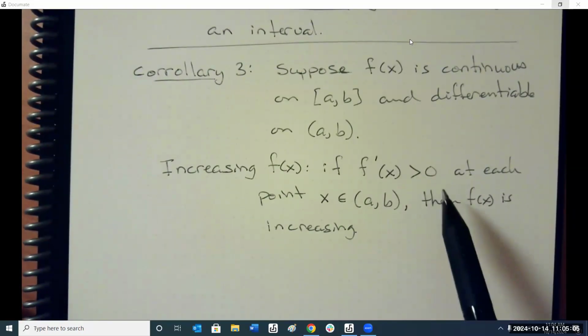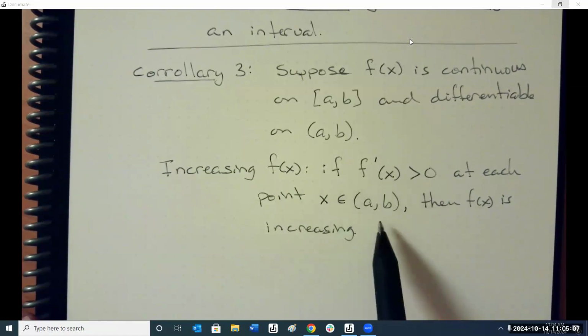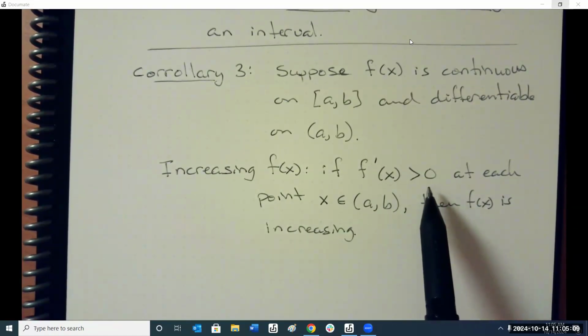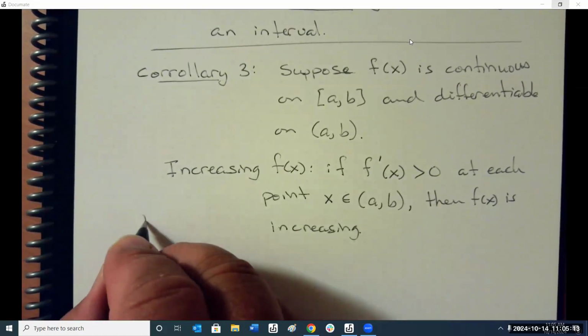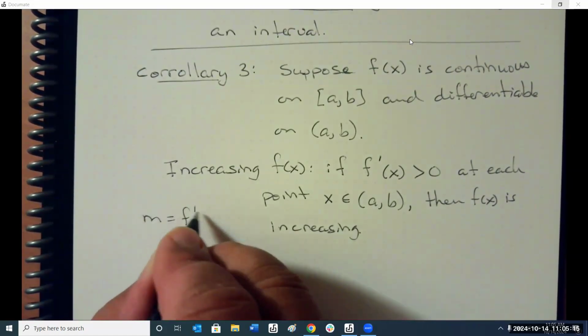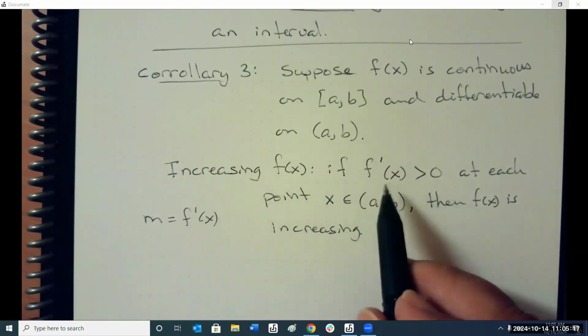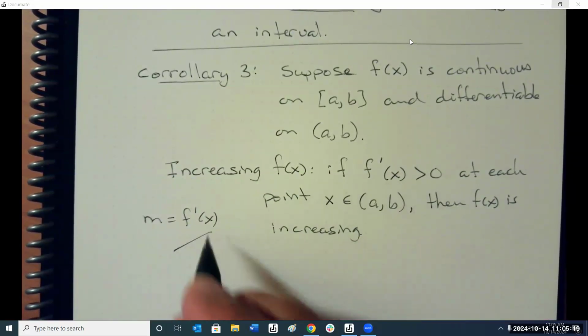So if the first derivative for any x inside the interval is always positive, then it's an increasing function. Remember, slope is the first derivative. So if it has a positive slope, it's increasing.